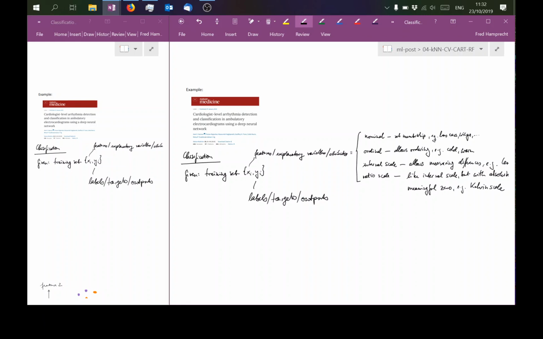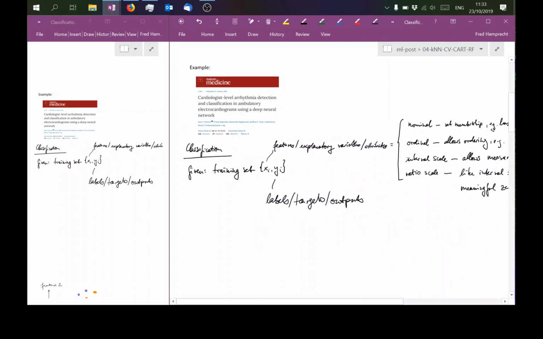So for example, sometimes we want to predict multiple outputs at the same time, or sometimes we have incomplete data. We might be missing some of the yi's. Then we might be interested in things like semi-supervised learning. So there are many other and more advanced scenarios. I mentioned also already that we might want to predict structured quantities. But this is the most basic and the most important case of classification.